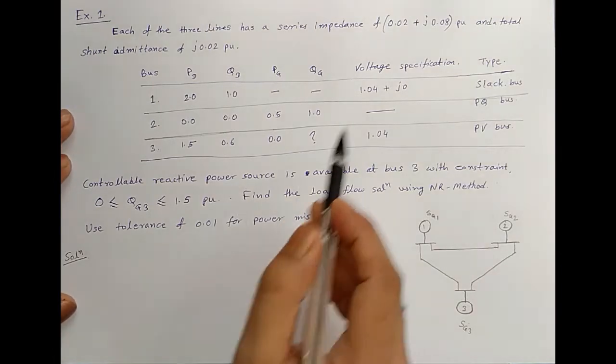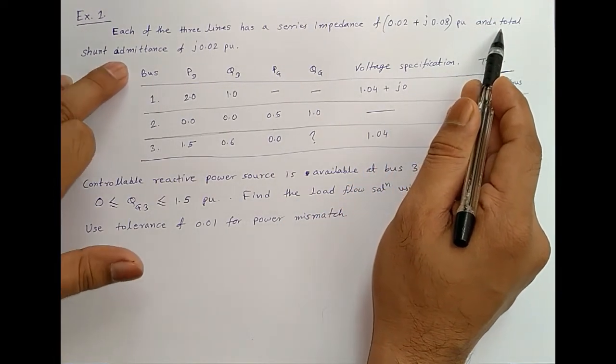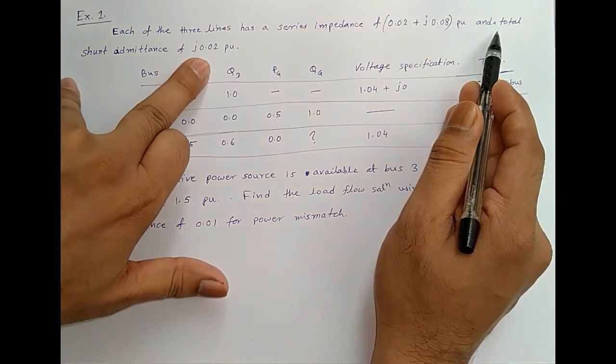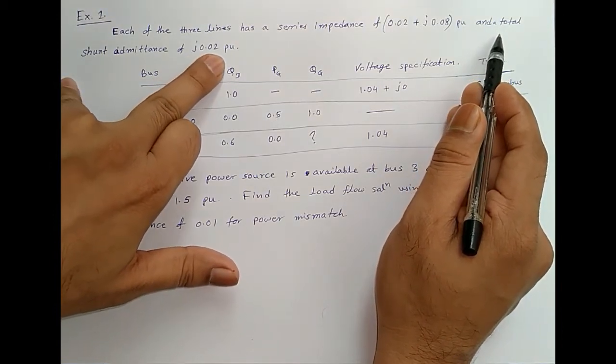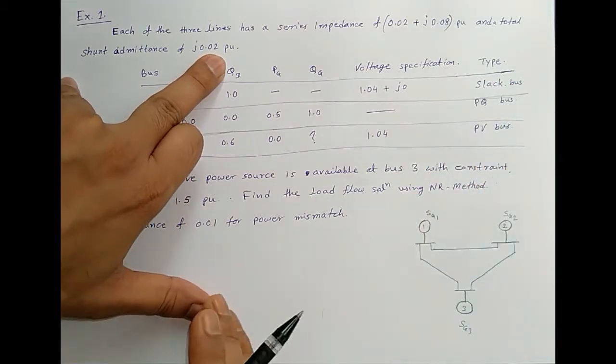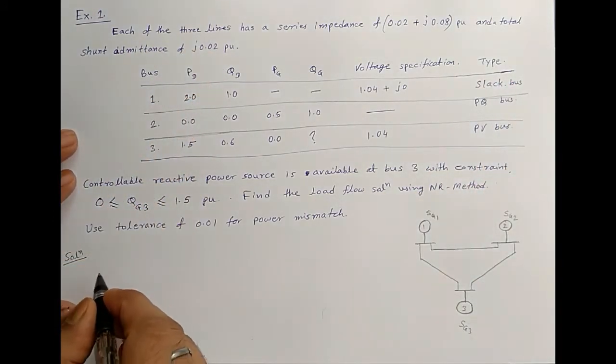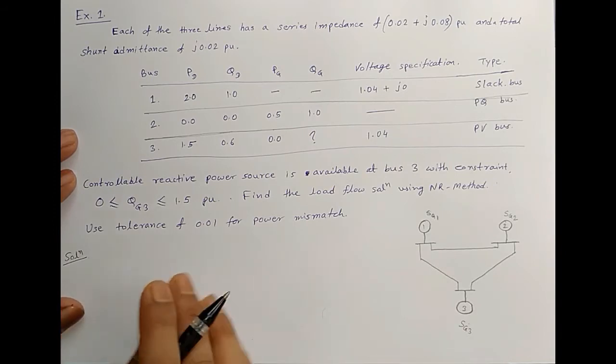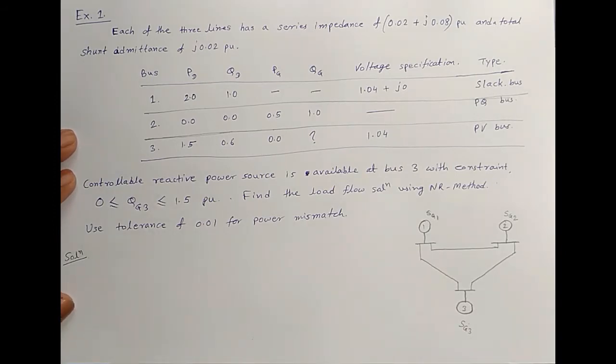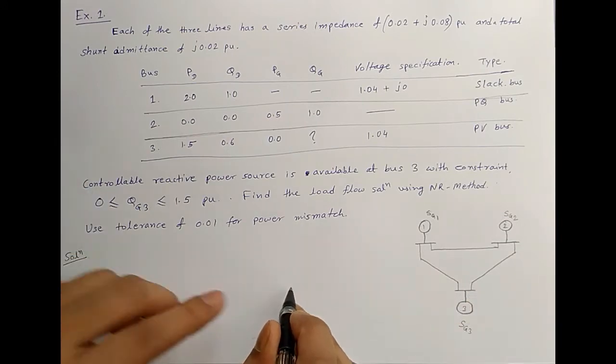Since a total shunt admittance of j0.02 pu is given, and as we know how the Y bus or admittance matrix is formed, which we have already discussed in the previous lecture, for the shunt admittance we have to assume a pi model of the network.